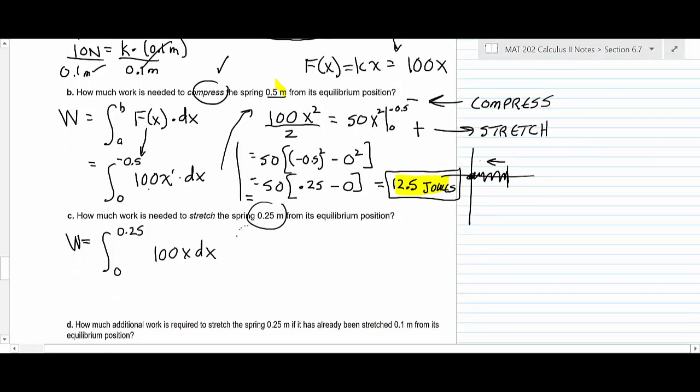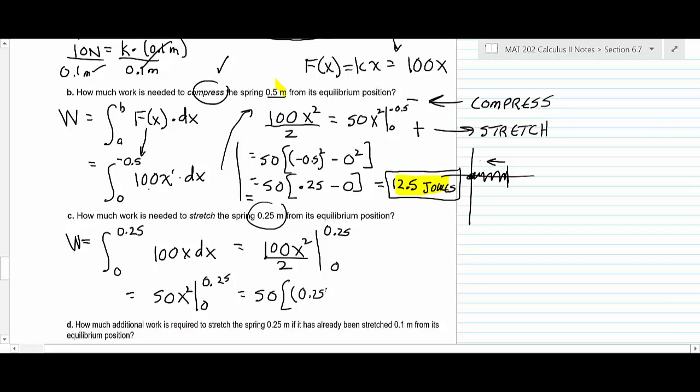So you're stretching. This would end up being 100x squared over 2 as your antiderivative, from 0 to 0.25. So that would be 50x squared from 0 to 0.25. So that would be 50 times 0.25 squared minus 0 squared.